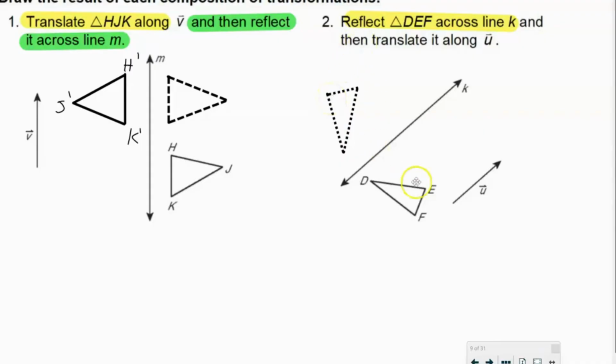Oh, reflect it. So I flipped it across line K here. And then I'm going to translate it along vector U. So I slid along vector U.